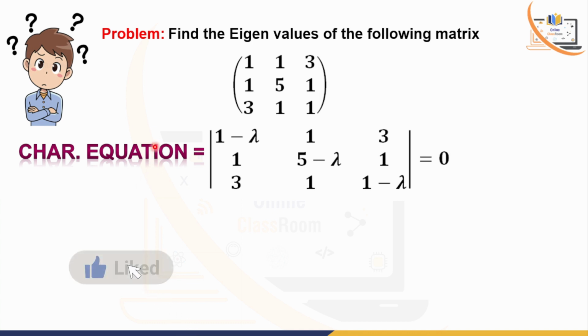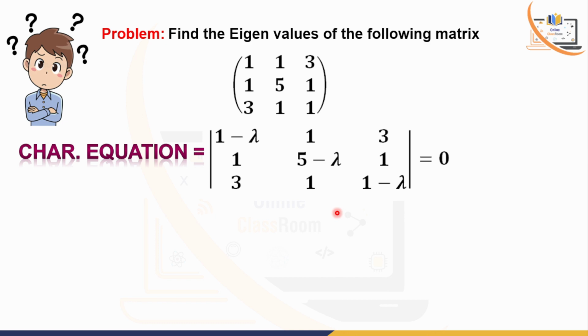As I said earlier, just observe the diagonal elements 1, 5 and 1. Subtract lambda from the diagonal elements and consider that determinant equal to 0. The rest of the portion, like 1, 3, 1, remains the same, with no effect on the other elements.